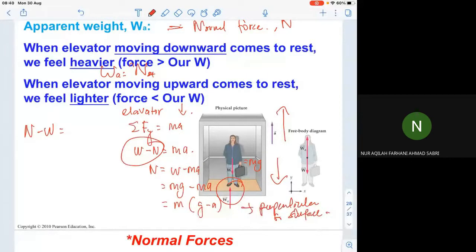So what happens to the acceleration when the elevator is going downwards? Definitely we will see that negative. We should put a negative ma in the equation, because right now the one that should reach the ground first is W, so the acceleration doesn't follow N. So we need to put a negative ma.